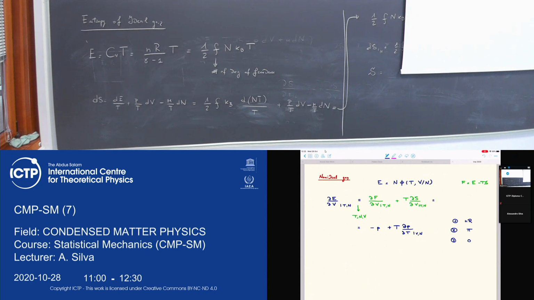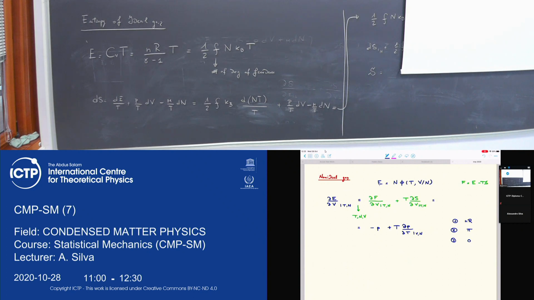Oh, sorry. I don't connect with the storyline. Where do I get minus P? Look, dE/dV is a situation in which I'm fixing temperature, volume, and number of particles, right?